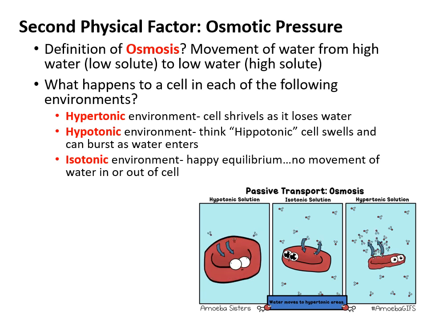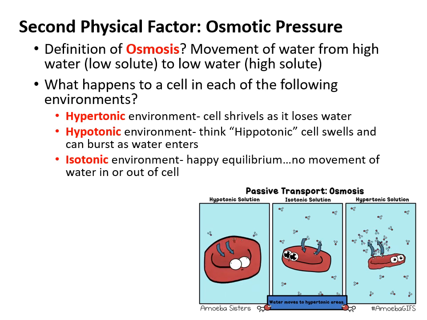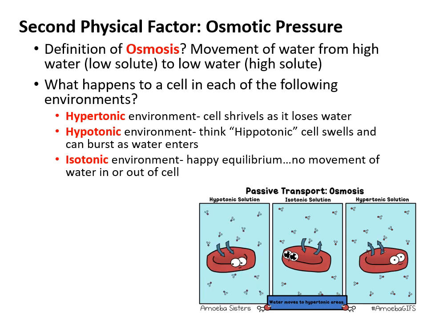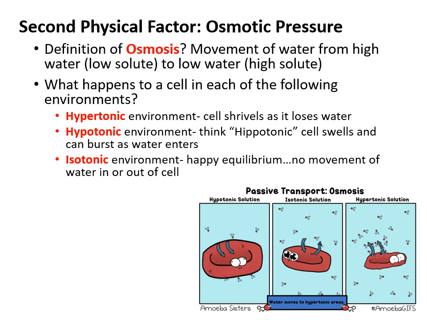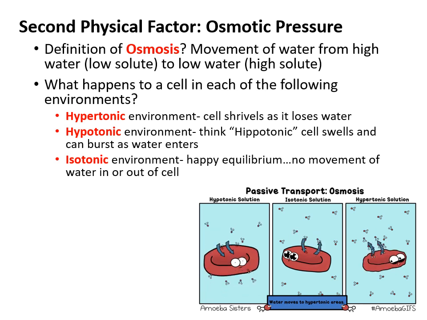Mouth gets all dried out, or when kids used to, they say kids put salt on slugs and dry them out. Horrible, horrible people. But when you think of hypertonic and salty, think of the cell shriveling up. It's losing water, just like you dehydrate when you eat all that salty food. Well, the cells are losing water in hypertonic environments.